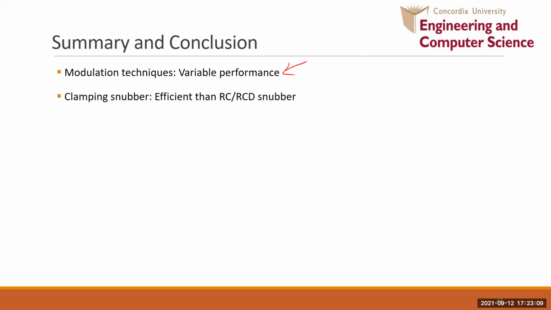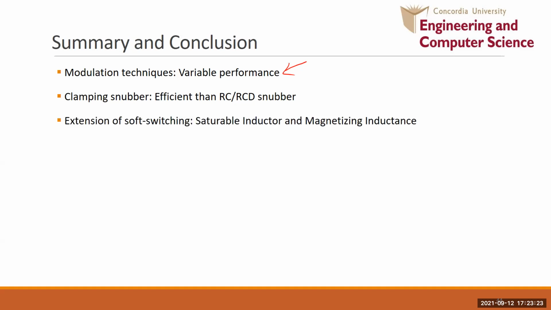Clamping snubbers are more efficient compared to the RC and RCD we have seen, because only one single switch loss will be there and the capacitor will clamp the voltage for both voltage-fed and current-fed converters. Soft switching extension is possible using the modulation technique when we move from duty cycle modulation to phase shift modulation, as well as by using some external components, a switchable inductor at light load, or by reducing the value of the magnetizing inductance so that the current from the leakage is increased accordingly, obtaining soft switching for light load conditions.